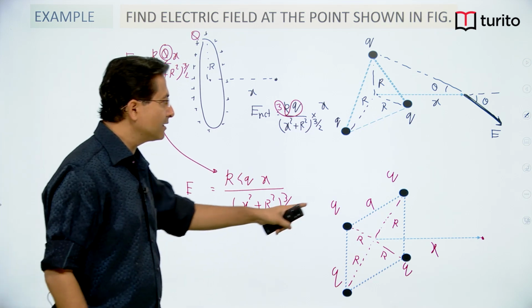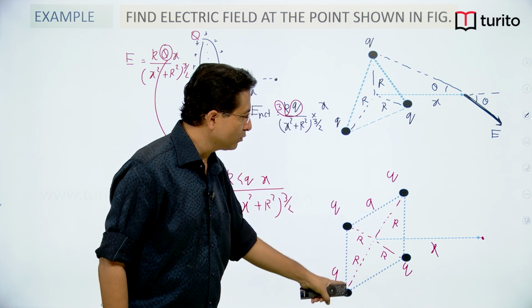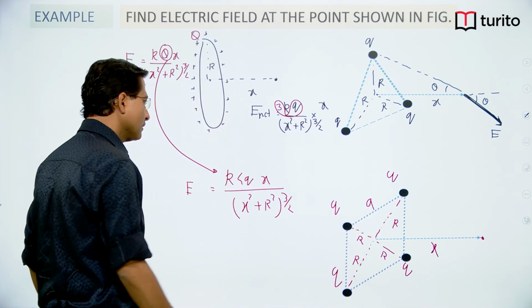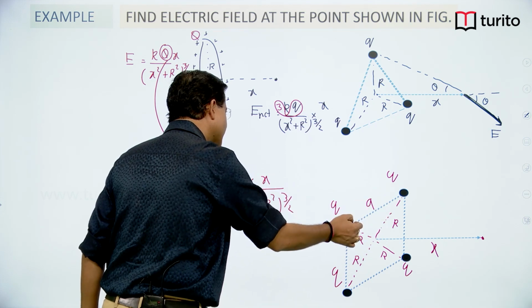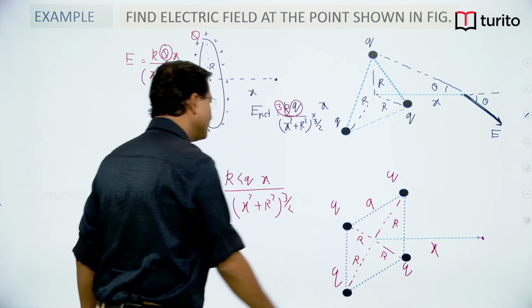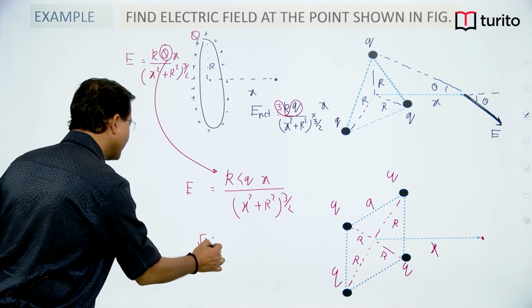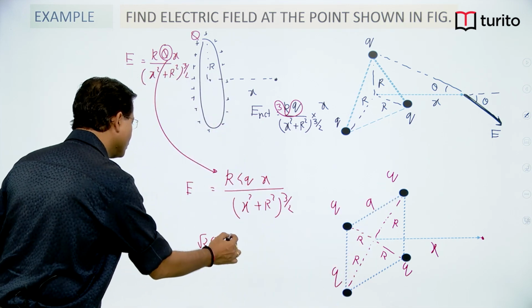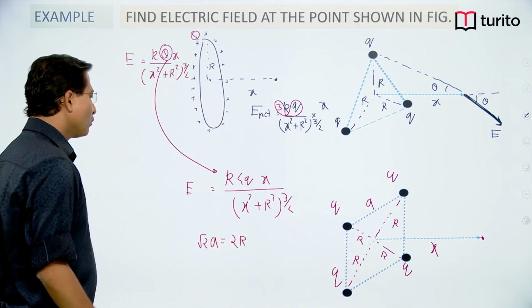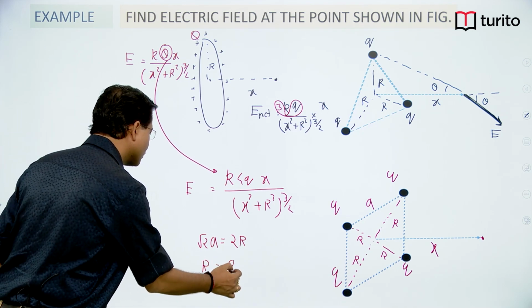So you can establish the relation between a and r. This total is 2r. This one is a, this one is a, so the diagonal has to be root 2 a. So I can write root 2 a is equal to 2r. What is the value of r in terms of a? r is equal to a by root 2.